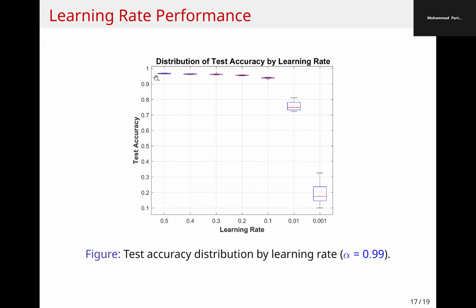Here you see that the best test accuracy is for learning rate 0.5. So we can conclude that fractional order 0.99 and learning rate 0.1 are the best options for fractional order SGD.